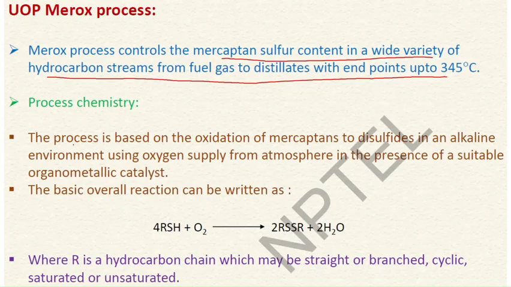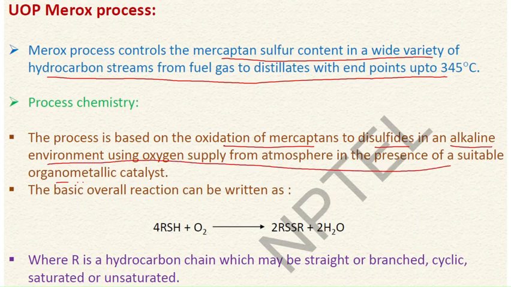The process chemistry is based on the oxidation of mercaptans to disulfides in an alkaline environment, using oxygen from the atmosphere in the presence of a suitable organometallic catalyst. So here is the reaction. This is the mercaptan; SH is the functional unit of mercaptan. It reacts with atmospheric oxygen in the presence of organometallic catalyst to give disulfides.